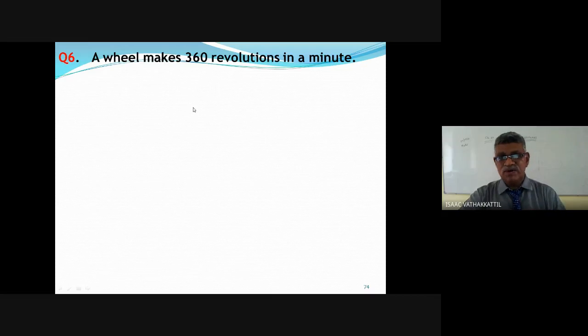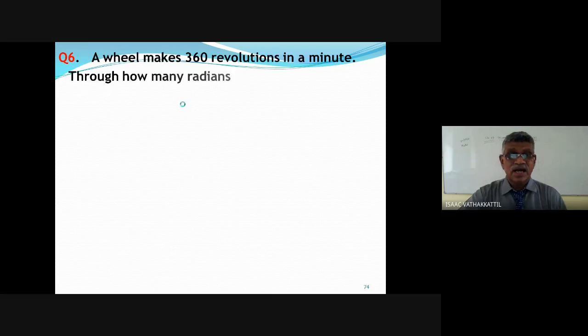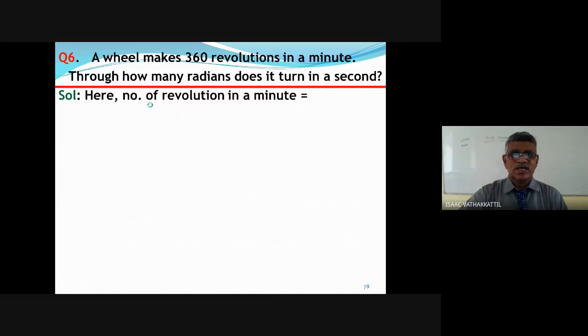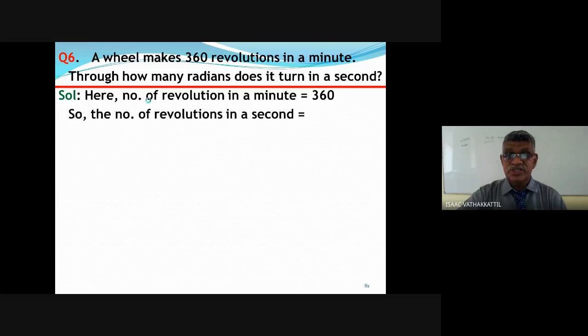A wheel makes 360 revolutions in a minute. One full circle is one revolution. Through how many radians does it turn in a second? The question is simple, but you have to understand it carefully. The number of revolutions in a minute is given as 360. So how many revolutions in a second? 1 minute is 60 seconds.